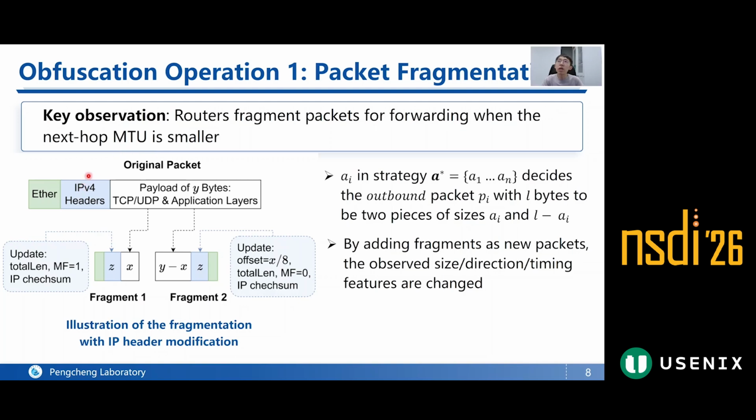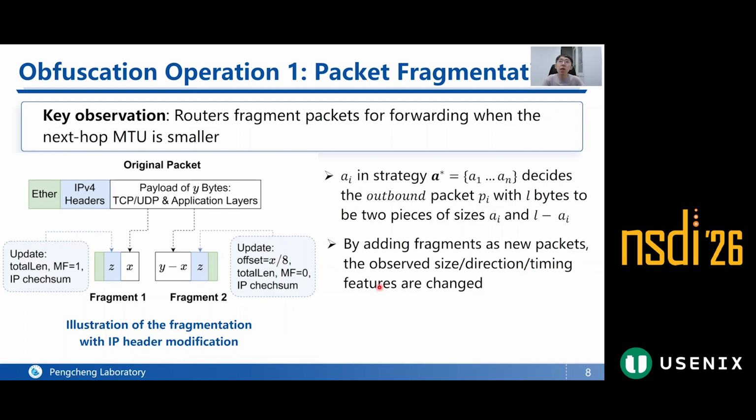Therefore, we can split an original packet into two smaller pieces and modify their headers to be legal again. And then, as one packet is split into two, it will change the observed features like size or direction for the attackers.